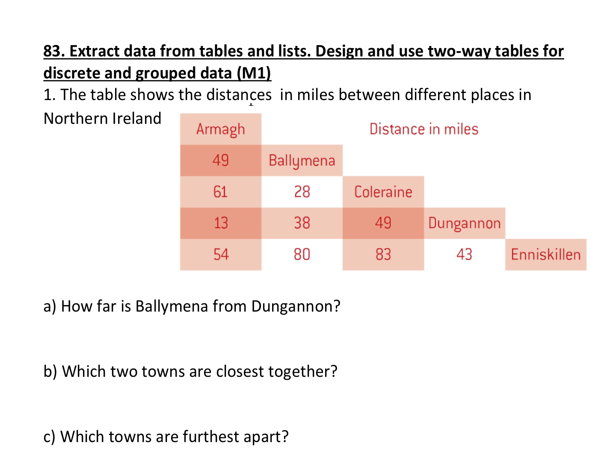The table shows the distances in miles between different places in Northern Ireland. So I'll go into example A just to show you how the table works. How far is Ballymena from Dungannon? You go to the Ballymena name and the Dungannon name, and they have to meet each other. Going from Ballymena, you go down, and then from Dungannon, you go across.